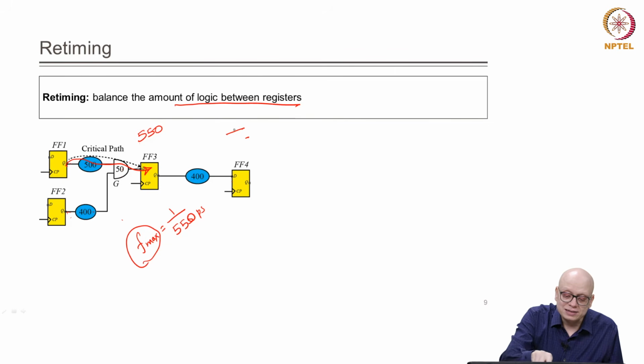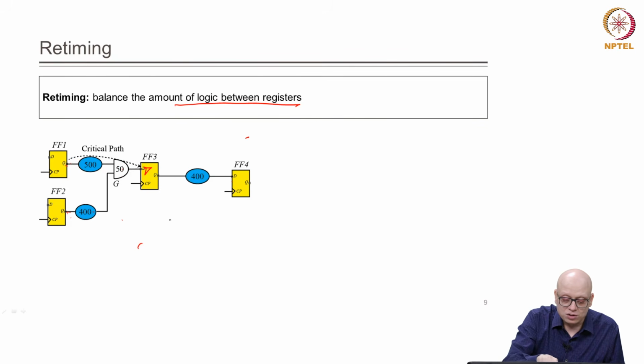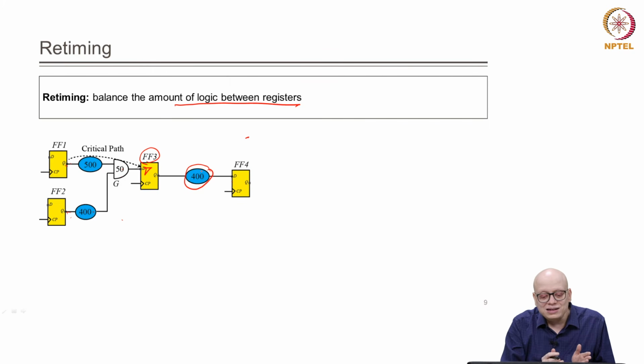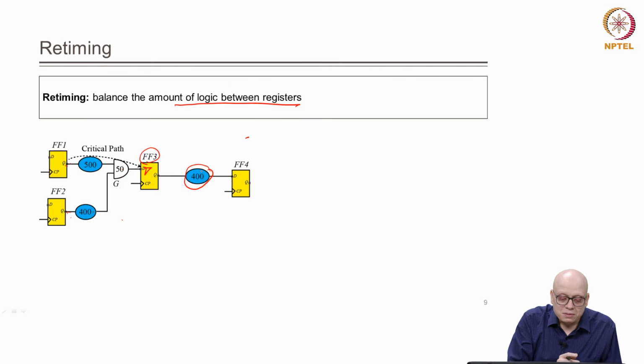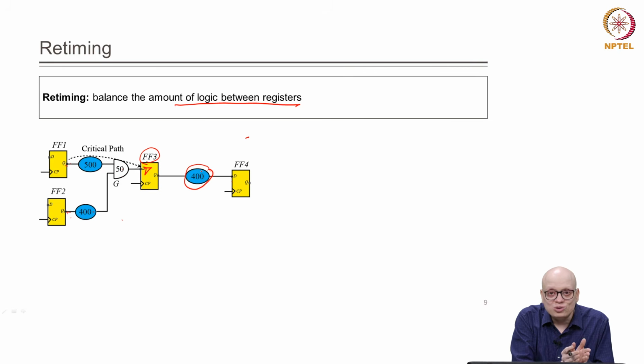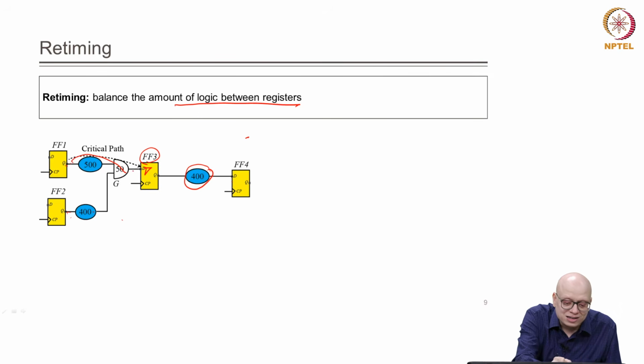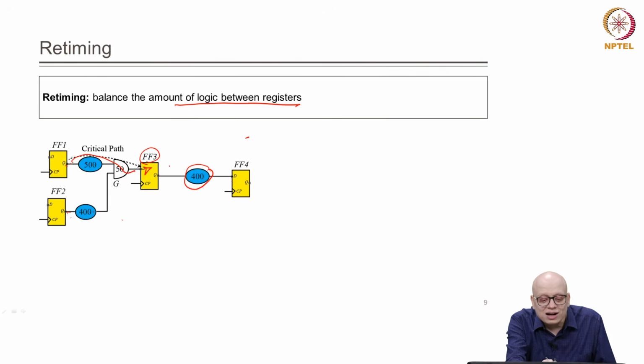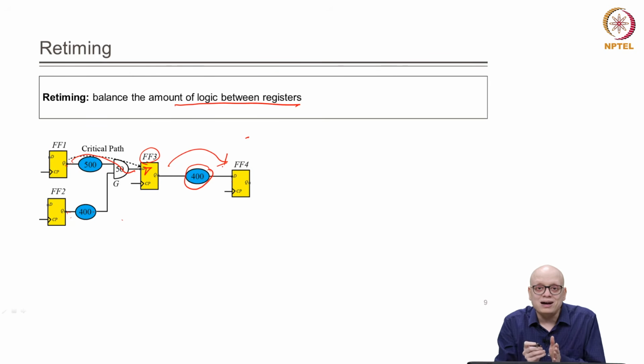We can decrease the delay by noticing that on the other side of the flip flop FF3, we have a delay of only 400, right. So, can we do a transformation in the circuit such that some computational load that is being done on the critical path is done on the other path, because on the other path there is some margin we have, right.